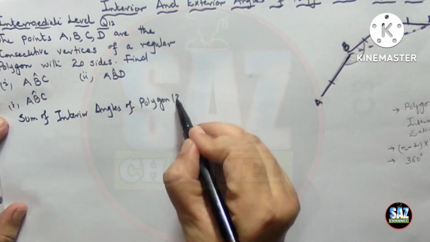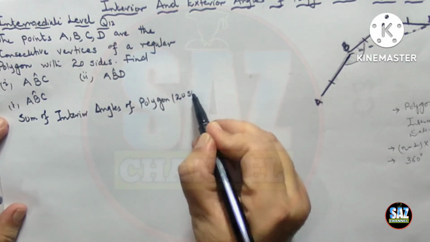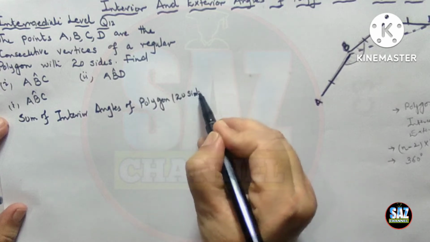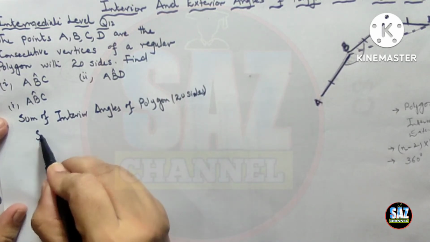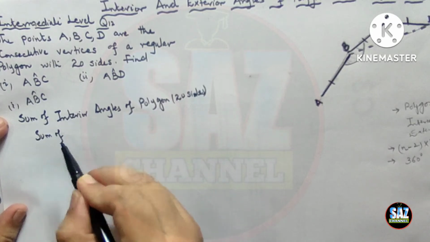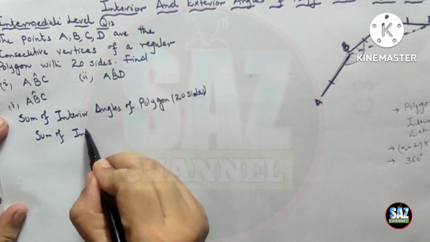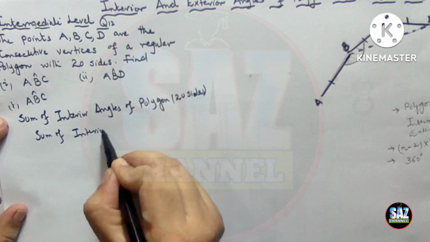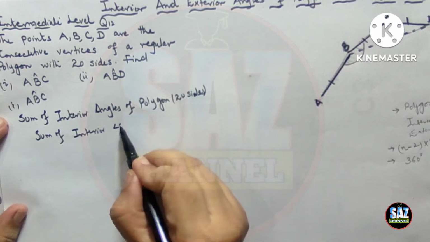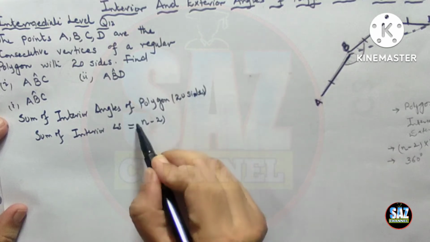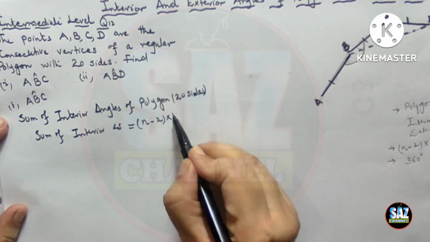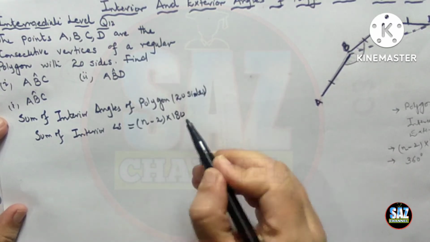Polygon with 20 sides. What is the formula from the previous class? Sum of interior angles is n minus 2 multiplied by 180 degrees, where n is the number of sides. Okay.